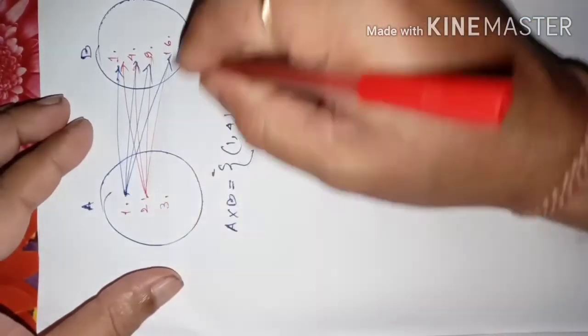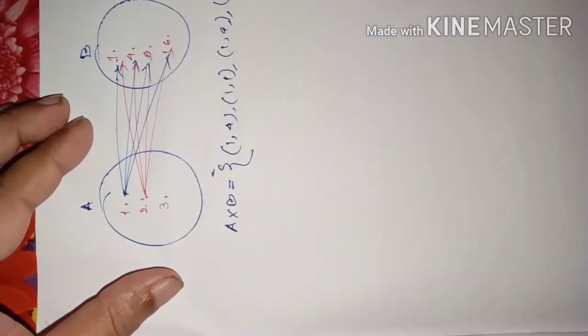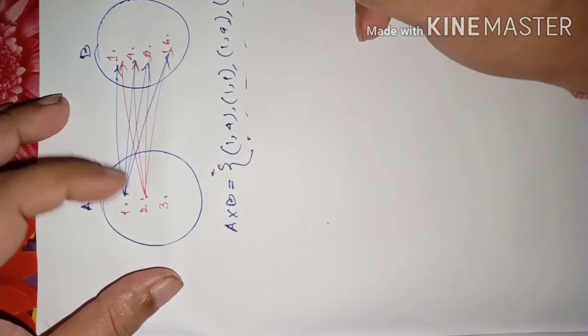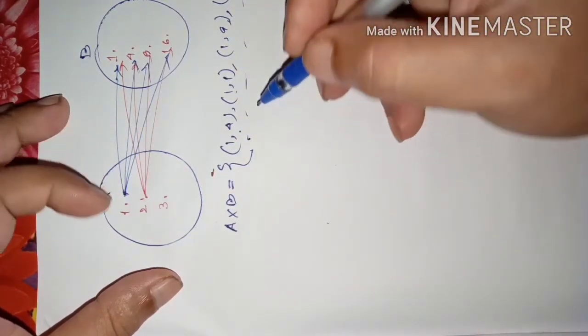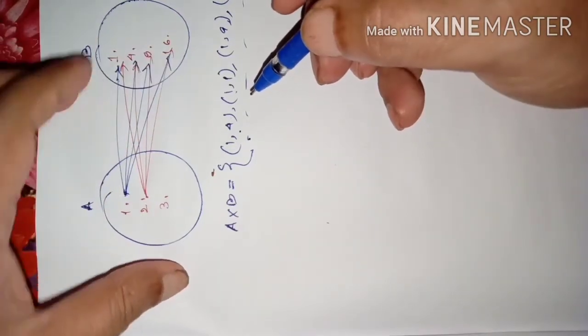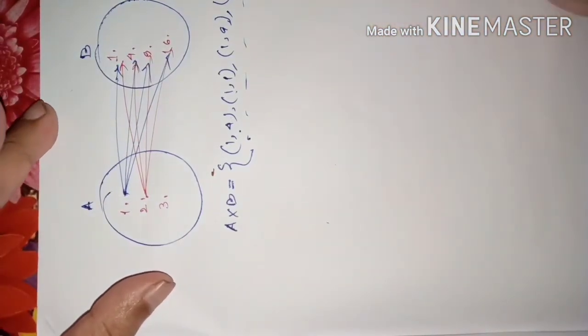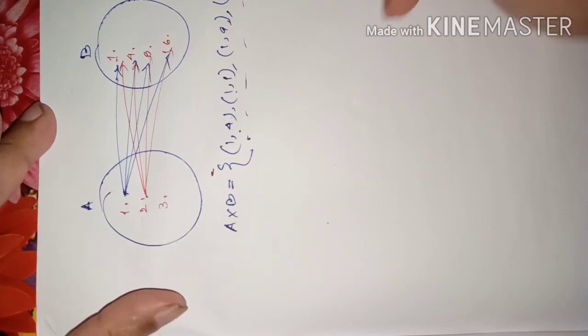So 3 times 4, that is 12 ordered pairs will be there.